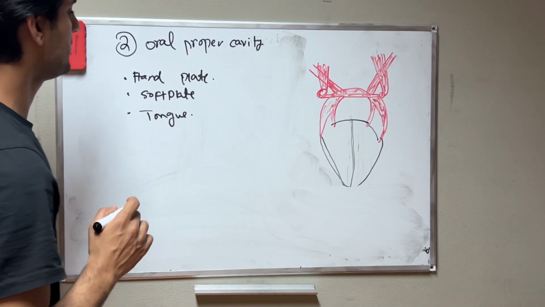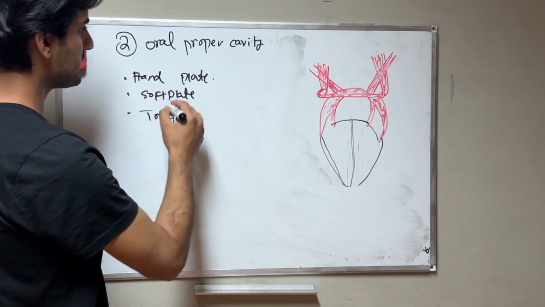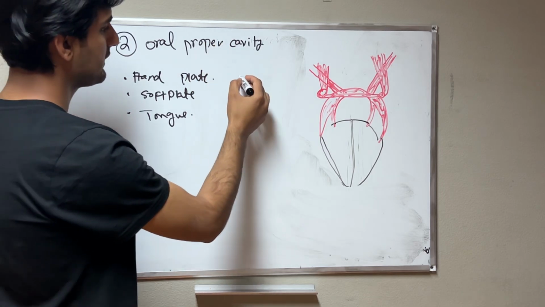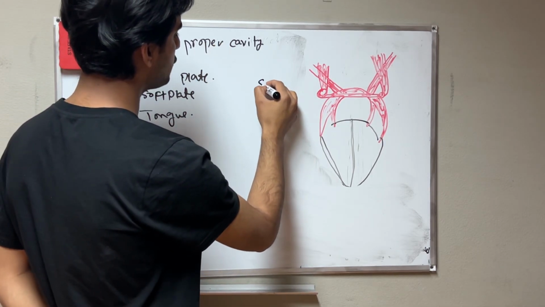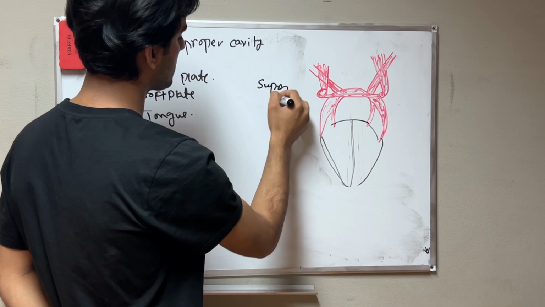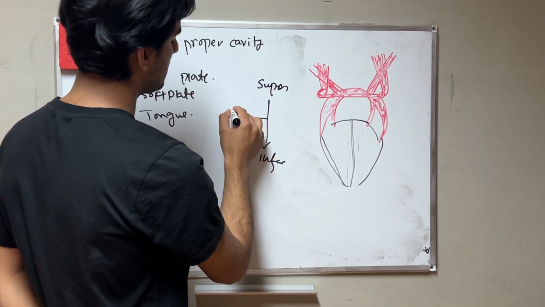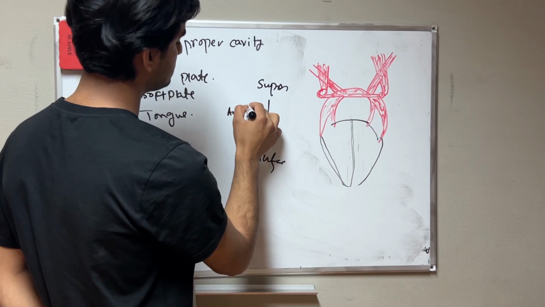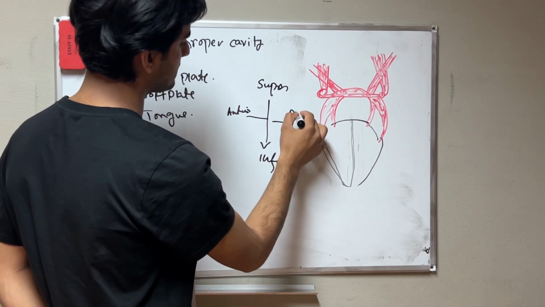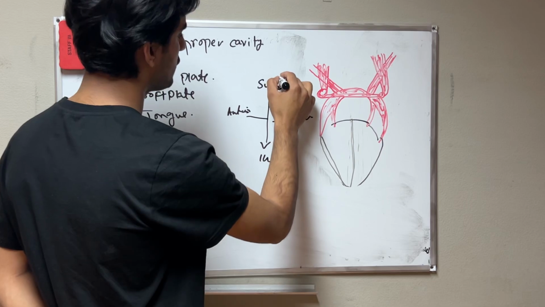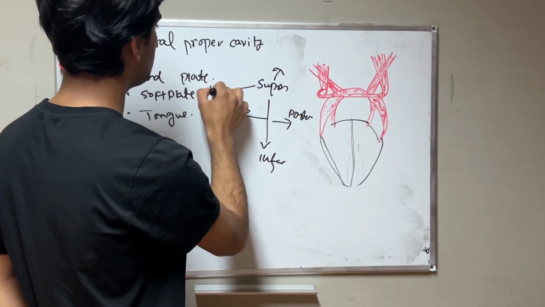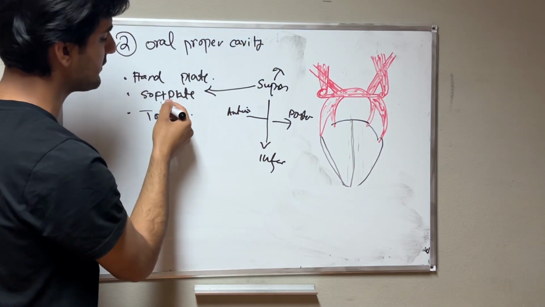Now if we talk about the borders of the oral proper cavity, we have superior, inferior, anterior, and posterior. Superior we have the hard plate and soft plate.